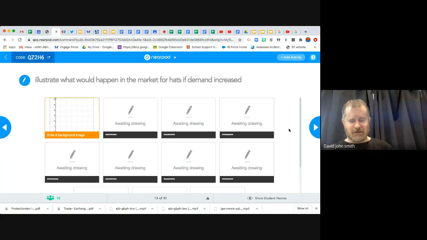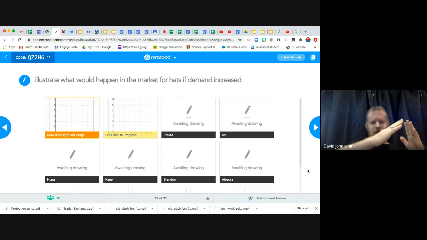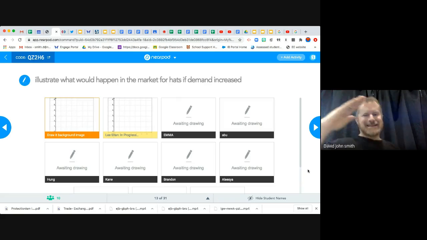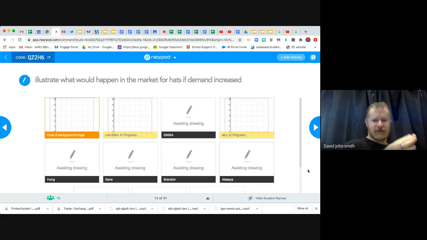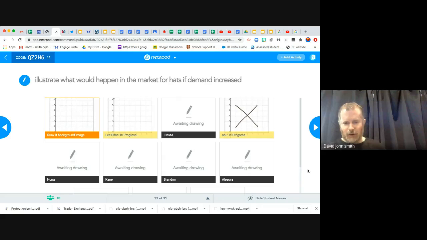So what you need to do is have a go drawing in the drawing space that will appear on your screen. And you're going to draw a market for hats. And then you're going to see if you can illustrate what happens in that market if demand increases. So the demand curve shifts to the right. Have a go.